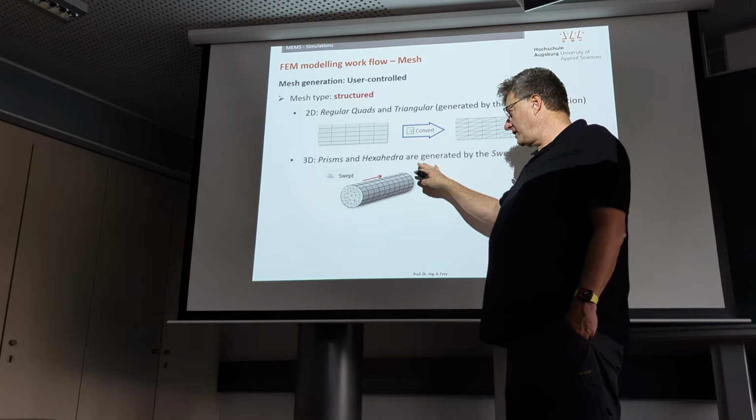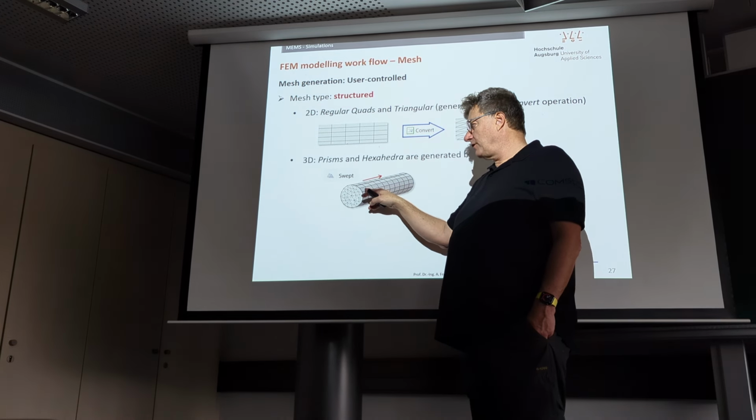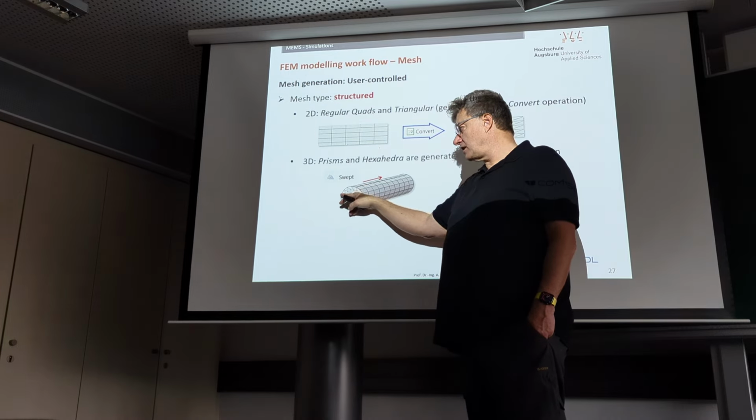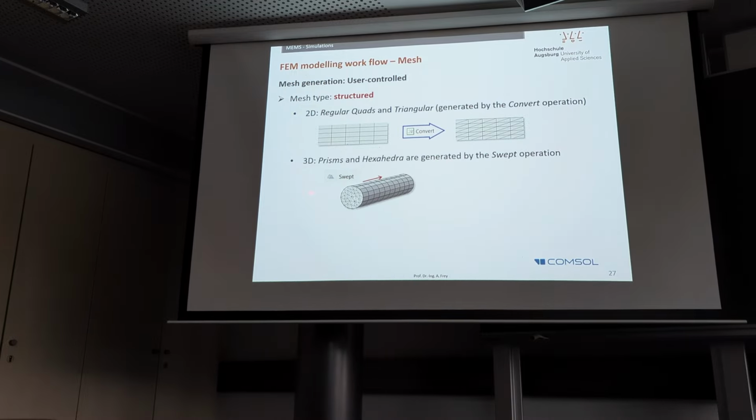You would generate that mesh by starting meshing first not the domain, the volume, but starting meshing a boundary, that circular region of that rod.